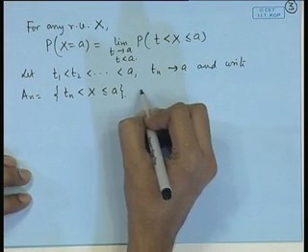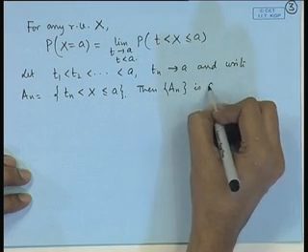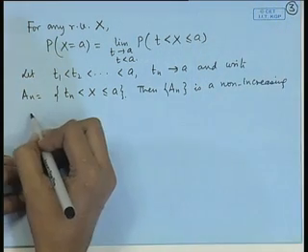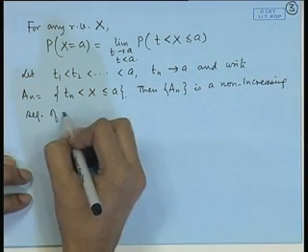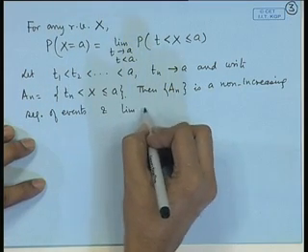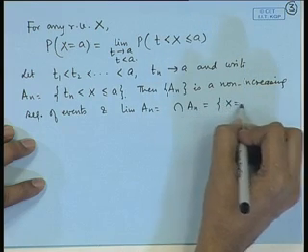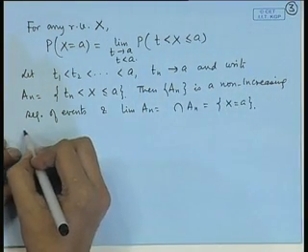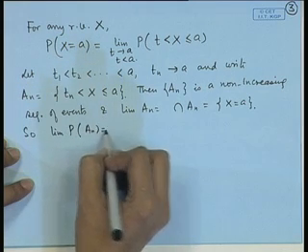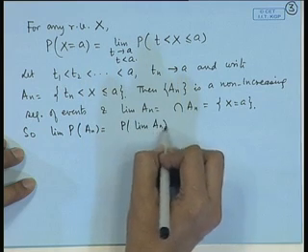Then this is a non-increasing sequence, and the limit of A_n will be equal to the intersection of the A_n, which is basically X equal to a. So, the limit of the probability of A_n is equal to the probability of the limit of A_n.